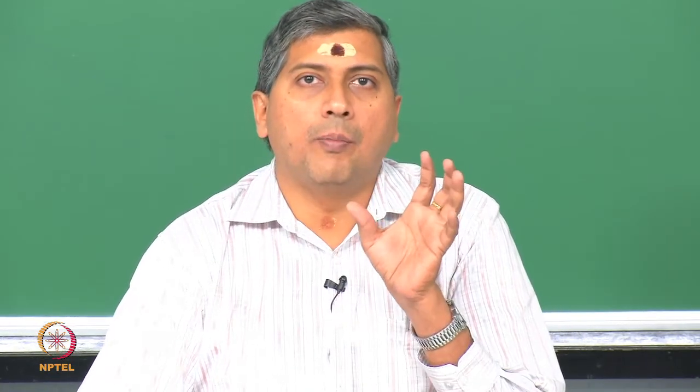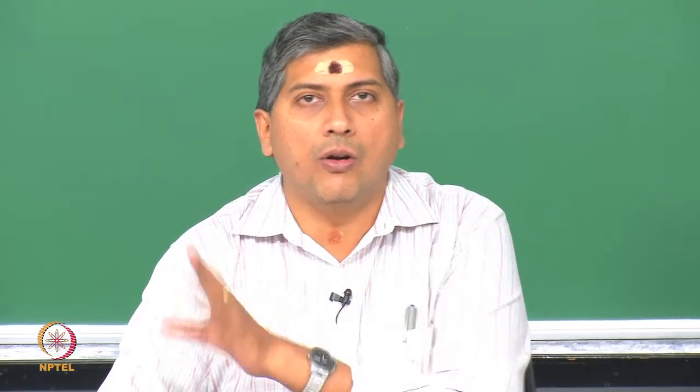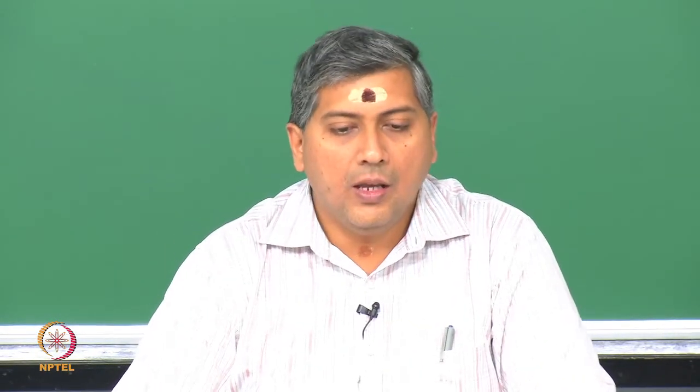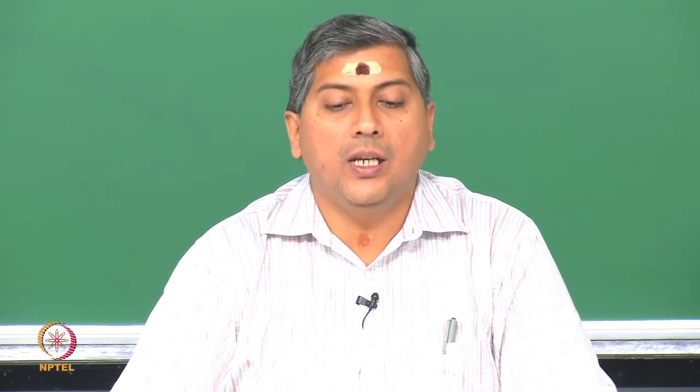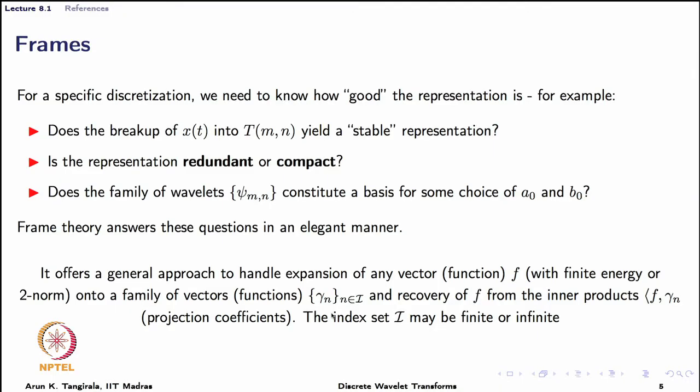Those irregular samples of a signal, you can think of as the projection of the continuous time signal onto some functions, and therefore, frame theory essentially addresses this problem of expanding any vector or a function which has finite energy or 2 norm onto another family of vectors.